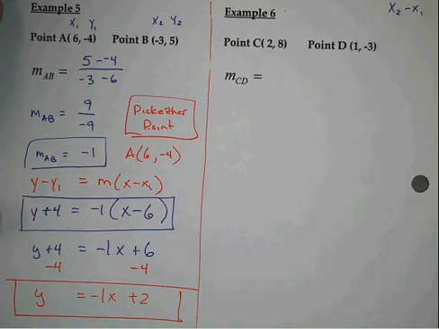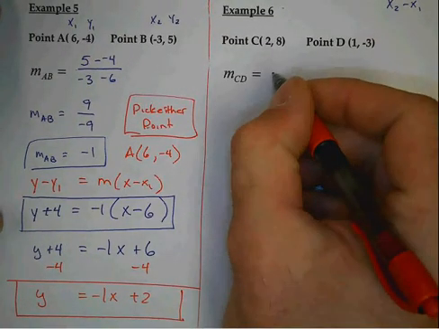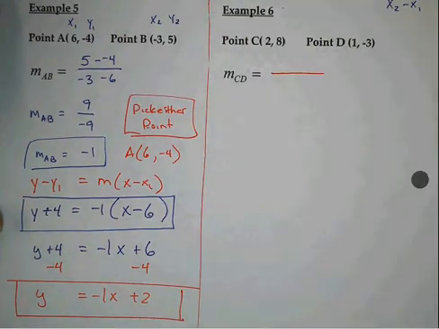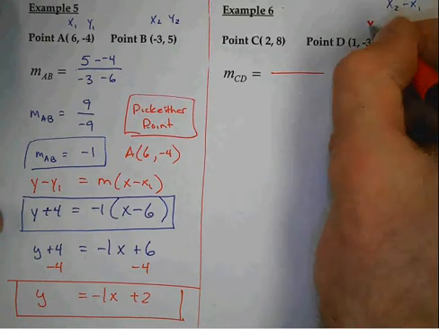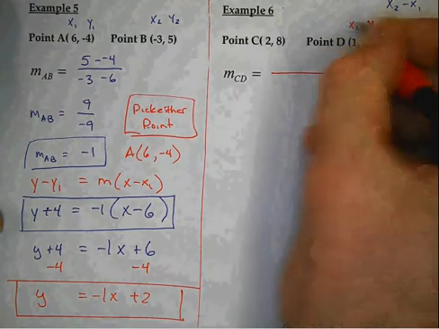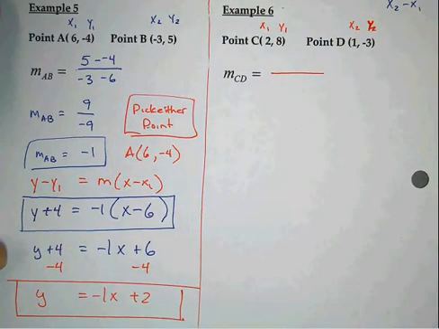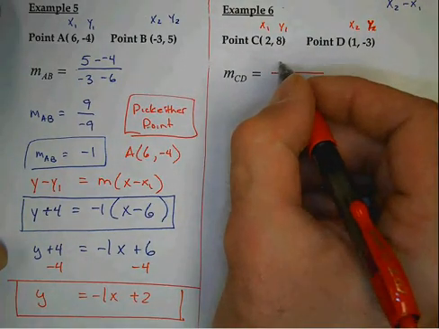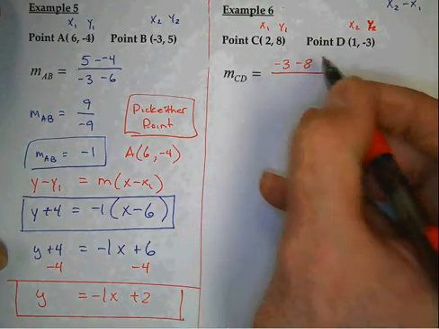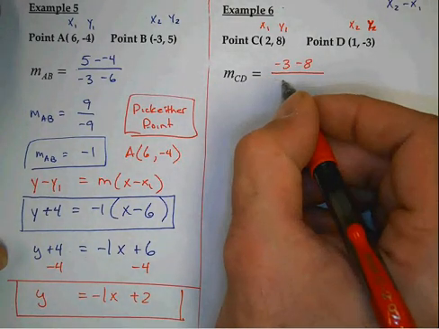So let's find the slope here. Who can walk me through it? If it helps, I always love to label these once again. Talk me through the slope. Jelon, go ahead. Okay, negative 3 minus 8. Keep going.